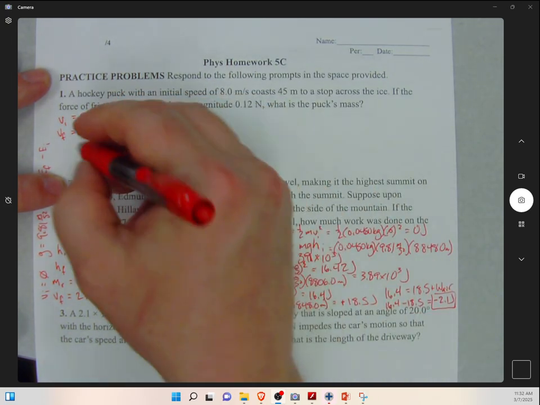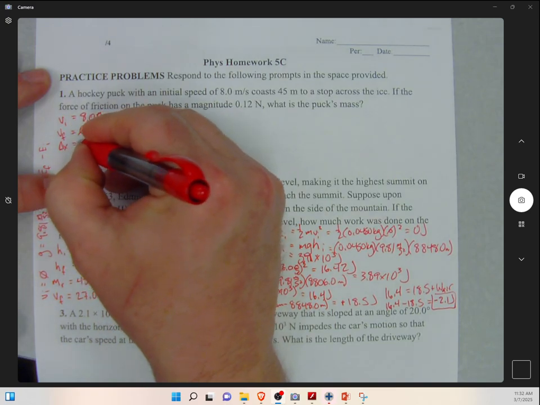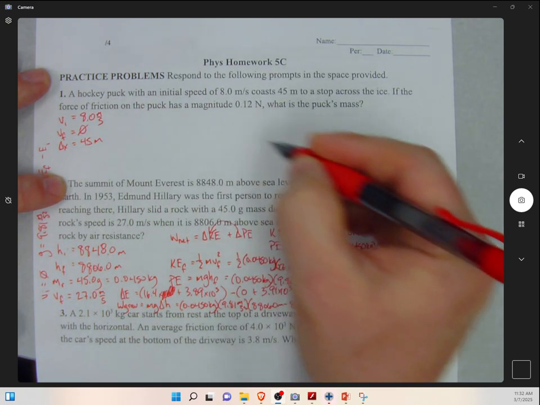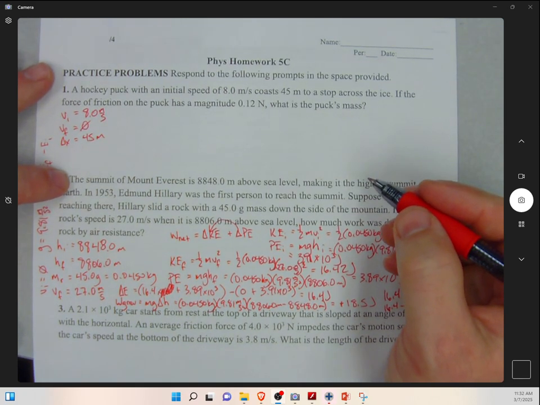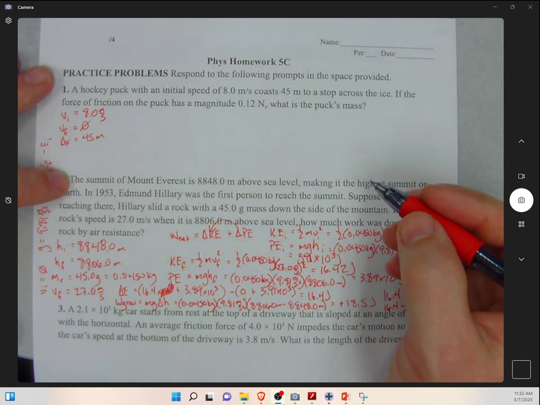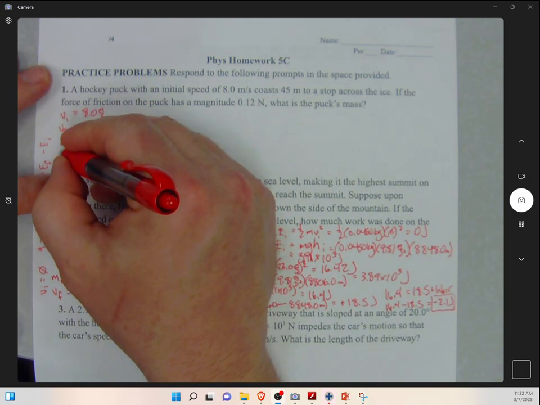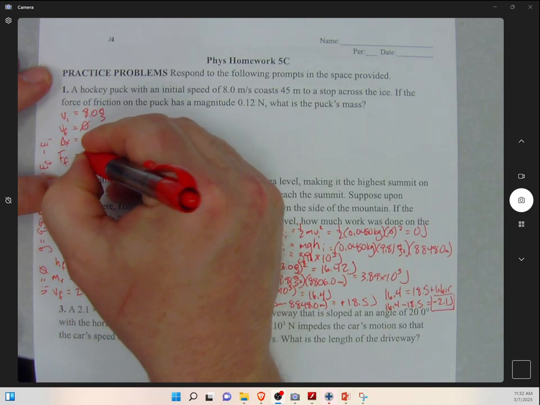And then the distance traveled, 45 meters. If the force of friction on the puck has a magnitude of 0.12 newtons, what is the puck's mass? Okay, so I have force of friction.